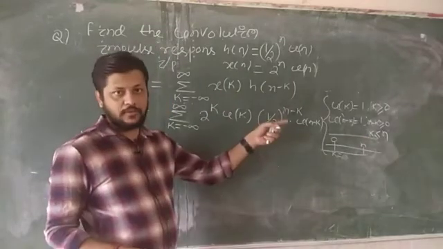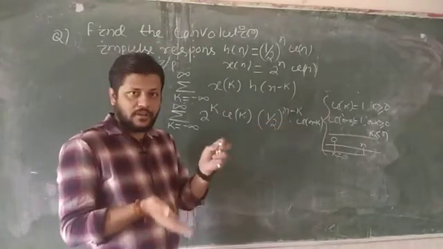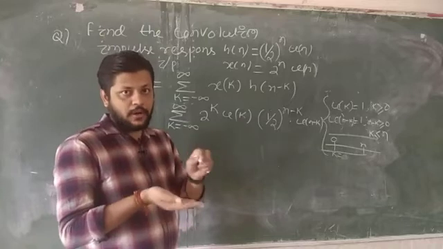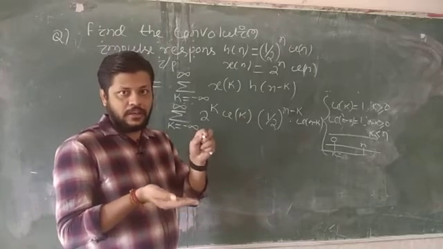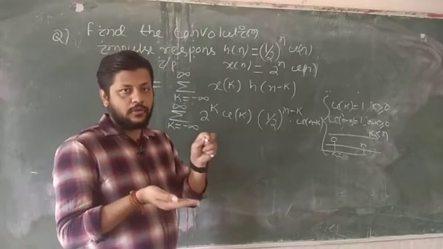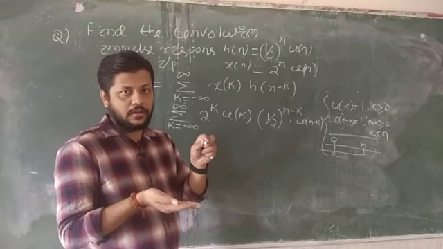You just define them and then take the common range, because this is a product. In order for the product to exist you have to take the common range.